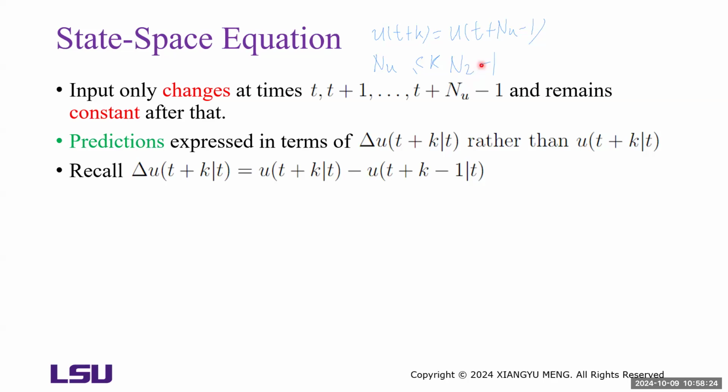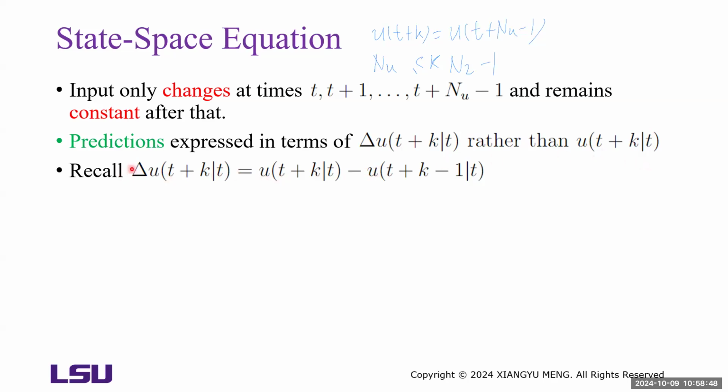The first step in MPC is to predict the output. We want to express the predictions in terms of delta u(t+k|t) rather than the control input u(t+k|t).